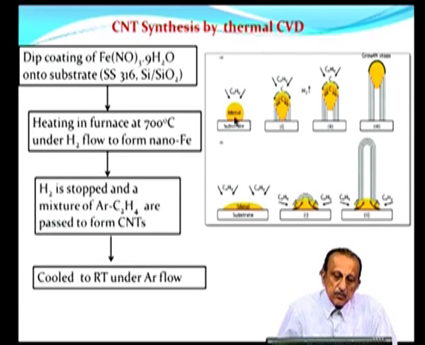You obtain a substrate that is decorated with nanoparticles of iron that come out of the decomposition of the nitrate, and then one goes through the process of chemical vapor deposition using an appropriate hydrocarbon, and as a result, typically at about 700 degrees, one gets the growth of carbon nanotubes by a process analogous to, as I said, the VLS process.